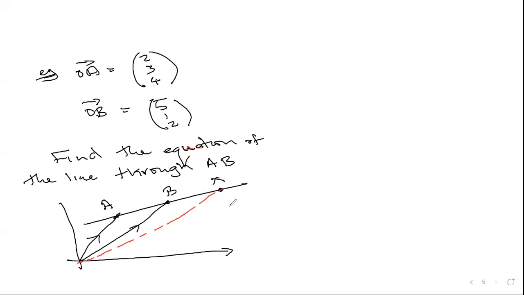We want to be able to find any point on it. So now, I'm going to write OX initially, so O to X.